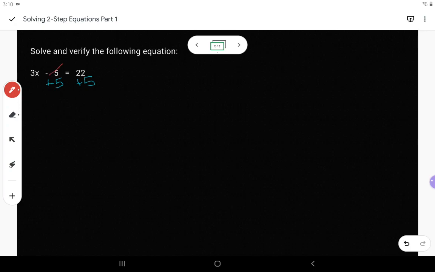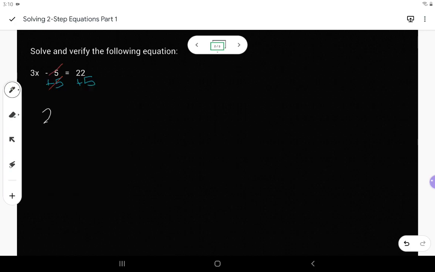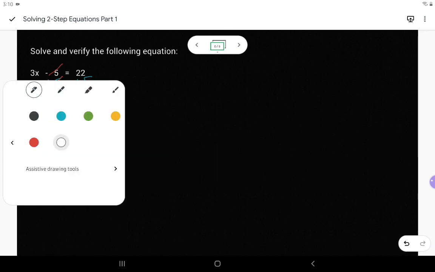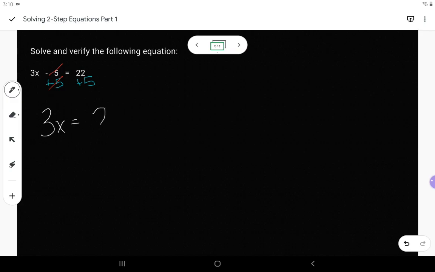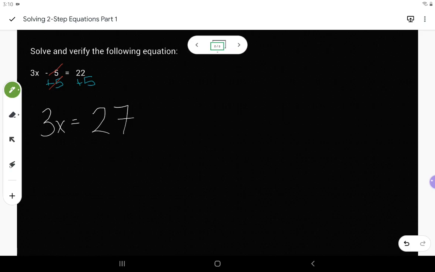That's going to cancel those two 5's, and now I'm left with 3x is equal to 22 plus 5 would give me 27. And now I have 3 times x is equal to 27. So the missing number x, the way I'm going to get there, it's being multiplied by 3. The opposite of multiplying by 3 is dividing by 3. So I'm going to divide by 3 on both sides, and I get x is equal to 9.